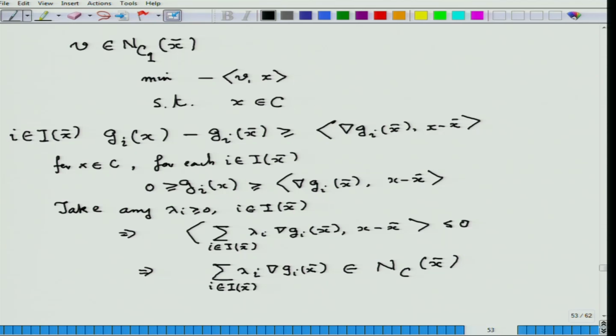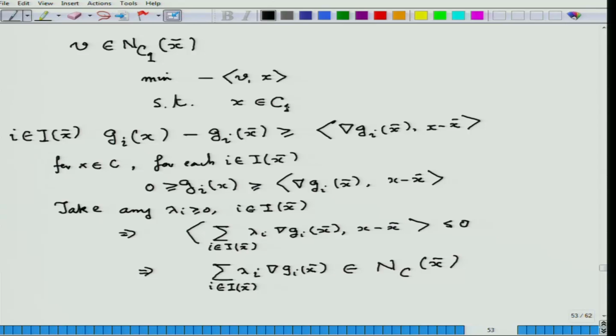So, the question that arises is that for this particular formation of C1, that is the set of all x such that g_i of x is less than or equal to 0, does every element v have this form?